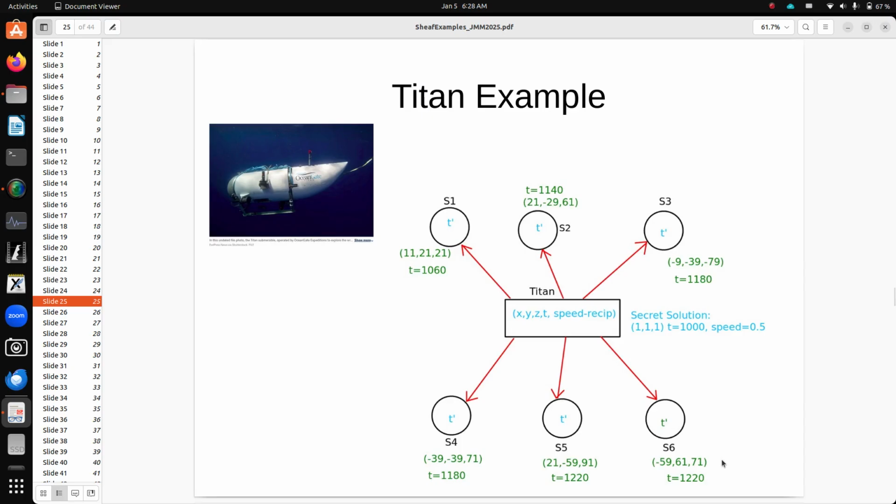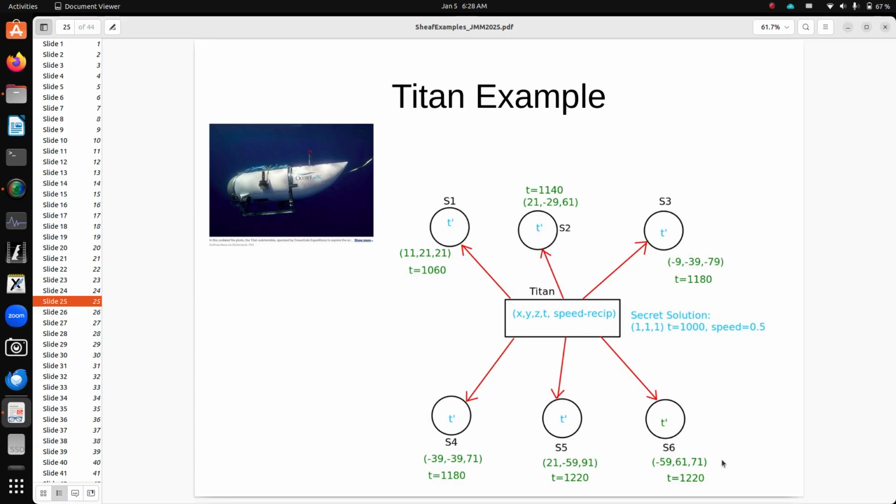Okay, the Titan example is only slightly different from the other ones, but if you recall a while back, this submersible exploded. It was tragic, but I was surprised at why humans were having so much trouble finding this thing, because I know there are underwater listening stations.